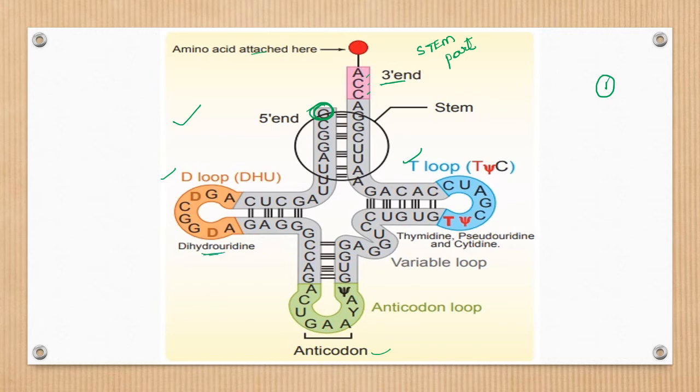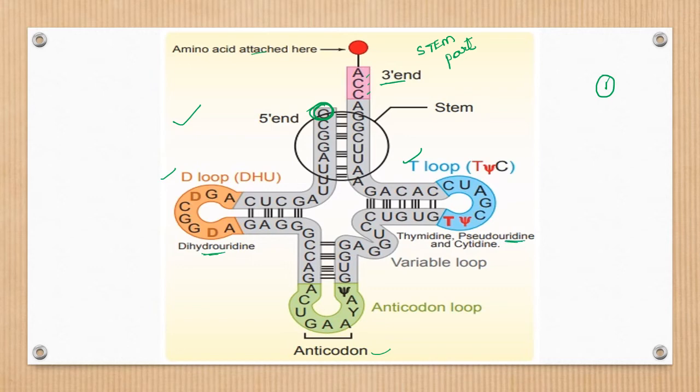Due to the presence of dihydrouridine, the tRNA molecule becomes folded and forms the clover leaf structure or inverted L-shaped structure. We already mentioned that the D loop is helpful for attachment of the ribosome during translation. And the T loop consists of thymidine and pseudouridine.